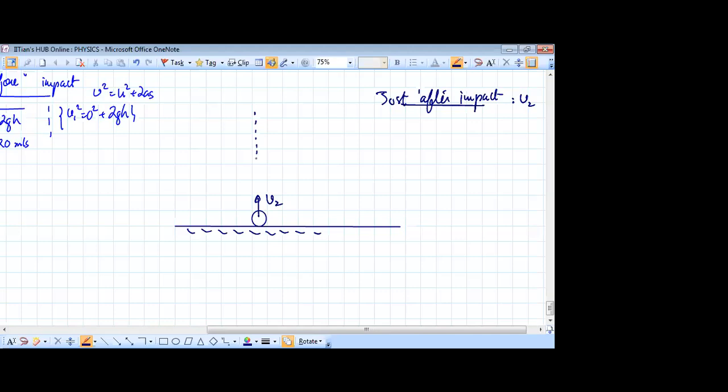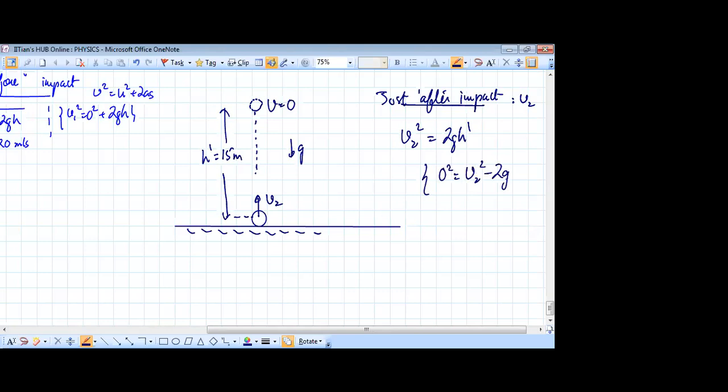Then the maximum height to which it is going, where its velocity will become 0, is some height h prime, which was 15 meters. It rebounded to 15 meters. So V2 square should be equal to 2g h prime, because this time we take 0 square is equal to V2 square minus 2gs, and s will be h prime.